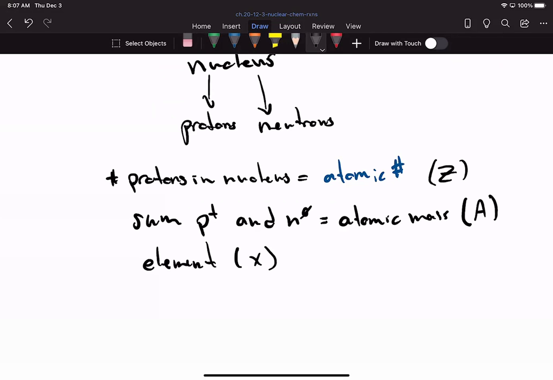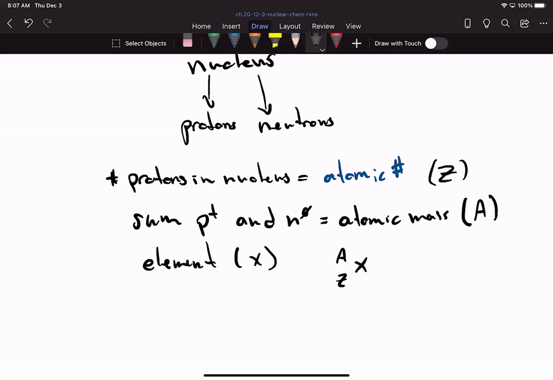So when we start looking at these nuclear reactions, we have a generic way of representing one of these nuclides or isotopes. We put the atomic mass, the atomic number, and then what element we have.